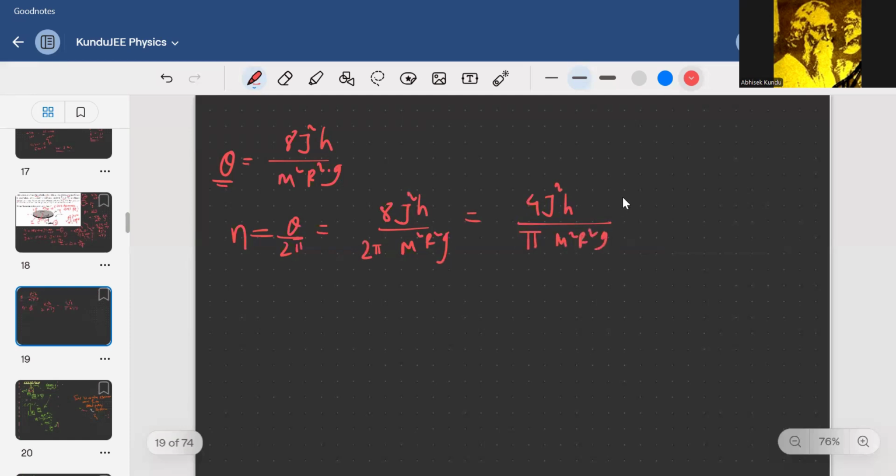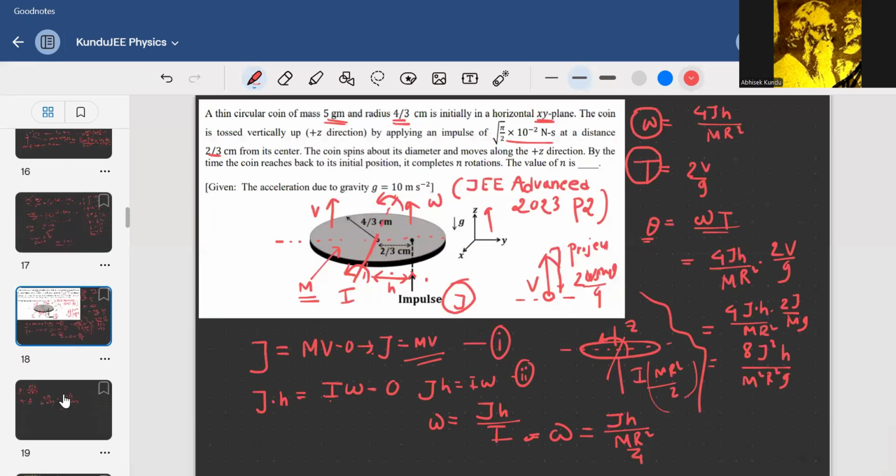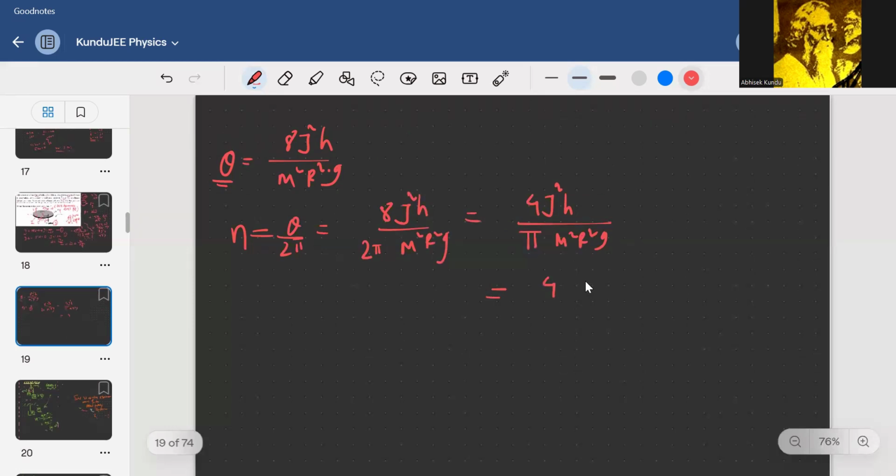Now all the values we will put from the problem. J is given as root pi by 2 into 10 to the power minus 2, so j square is pi by 2 into 10 to the power minus 4.